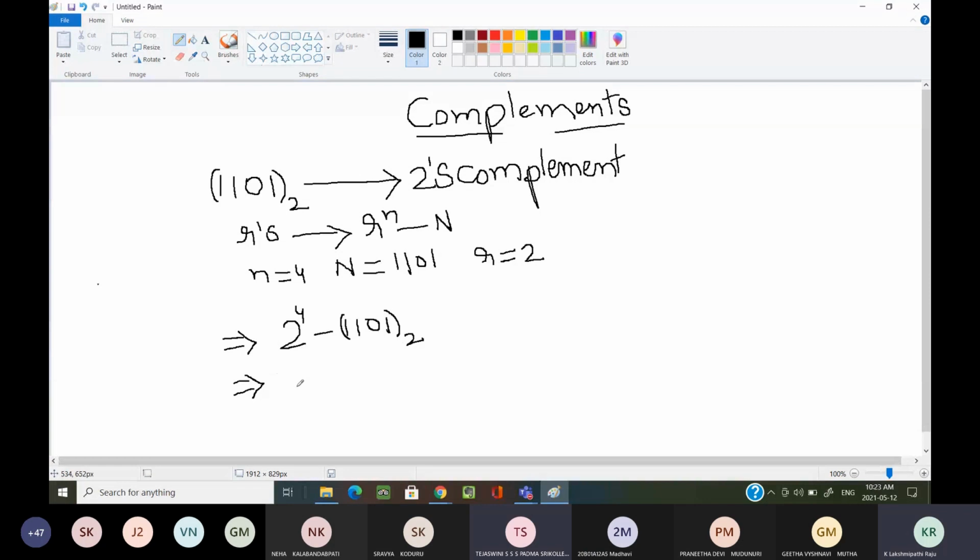Okay, listen, that is the reason we have to take care. We have to listen carefully. Here we are getting 16, 2 power 4 equal to 16.